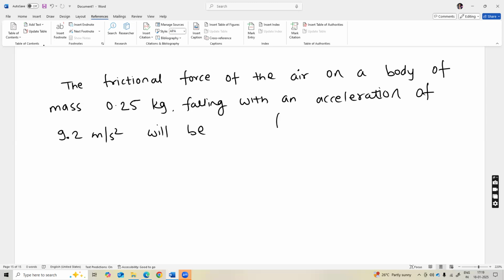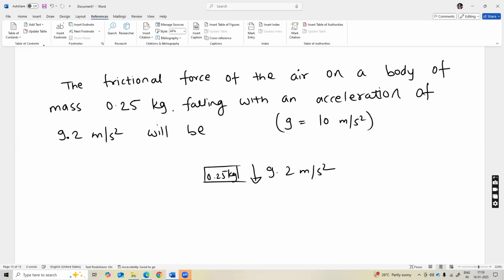And acceleration due to gravity is, let's say, 10 meter per second square. So there is a body which is falling under gravity, and it is having acceleration of 9.2 meter per second square. And the mass of this body is 0.25 kg.